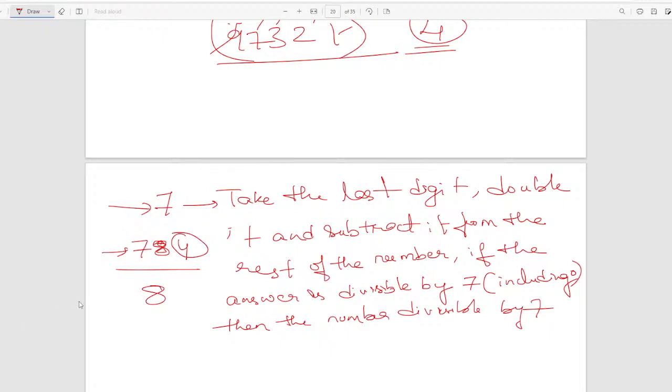And you have to subtract it from the rest of the number. So again, take the last digit, double it, and subtract it from the rest of the number. 8 minus 8 is 0.